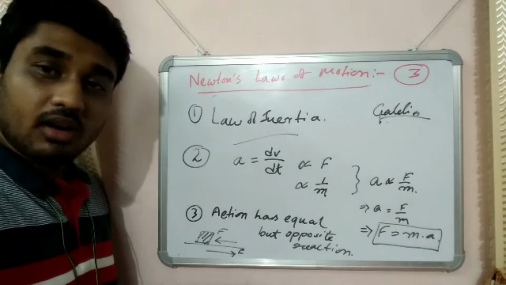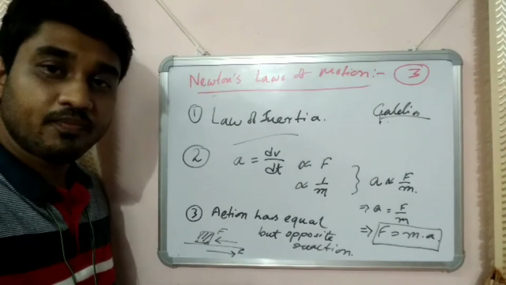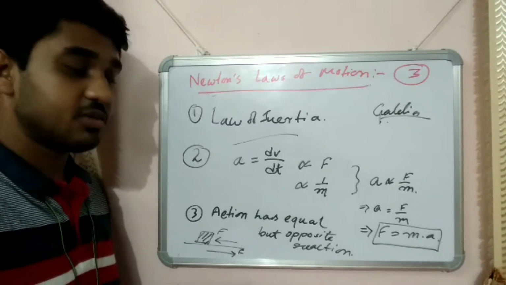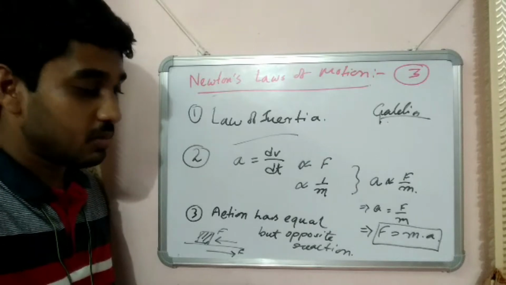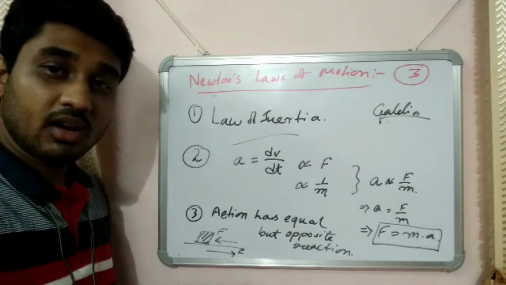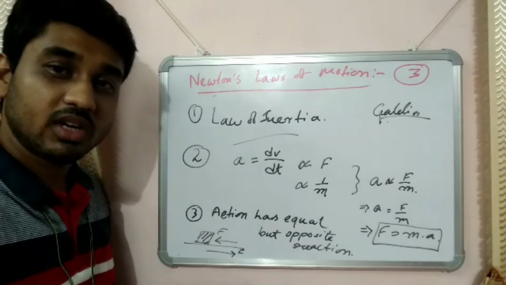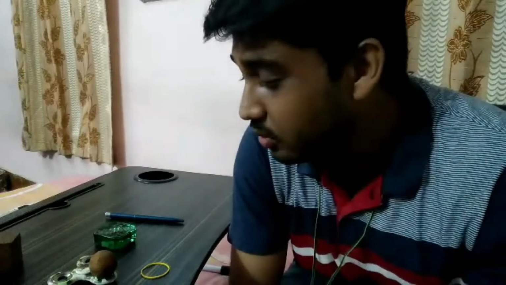The experiments will be homemade, so there are no big machines. You can also try these experiments and make physics learning fun. This is not a boring subject, and you can get interested in physics from everyday life. Before starting the experiment, I will introduce you to the apparatus I am using in this video.